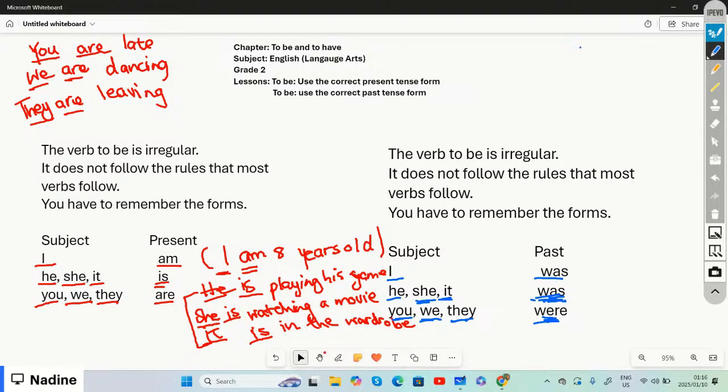And once again, we said that when it's in the present tense, then you have your subject and you have your present tense form, right? Your present tense verb.